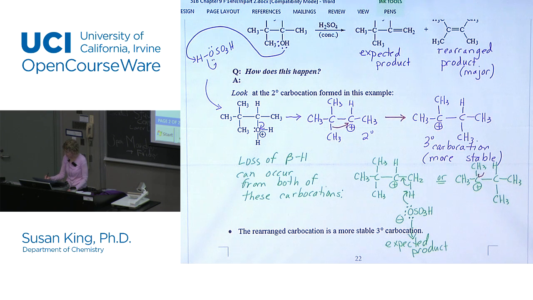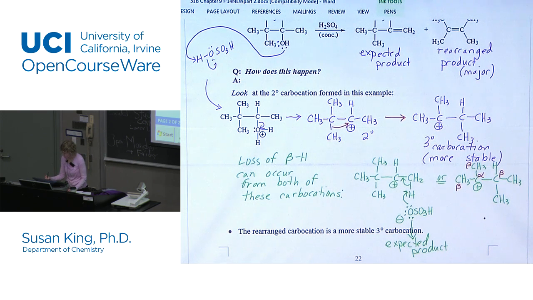So here's our alpha carbon here. This one's beta, this one's beta, this one is beta right here. Which one are we going to eliminate to make the more substituted product? Anybody? If we eliminate the hydrogen on the more substituted carbon, we'll get a more substituted alkene. So that's the one we're going to eliminate.